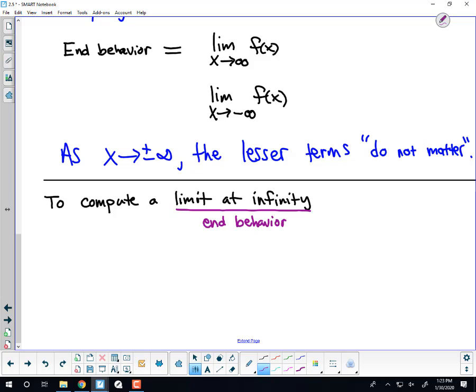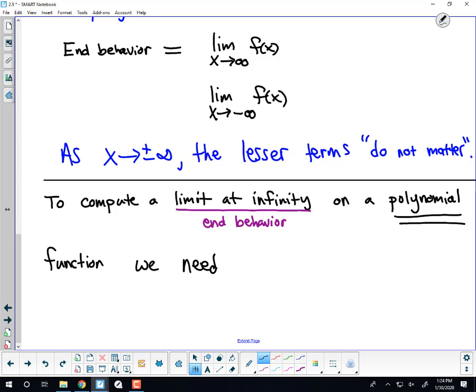To compute a limit at infinity or to determine the end behavior of a polynomial function, we need only to work with the leading term.